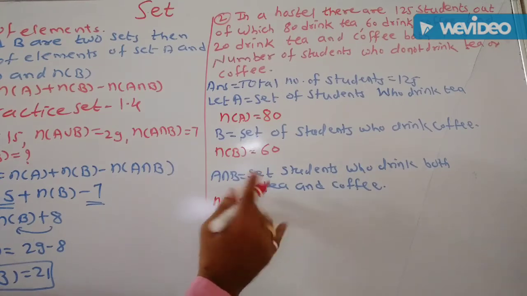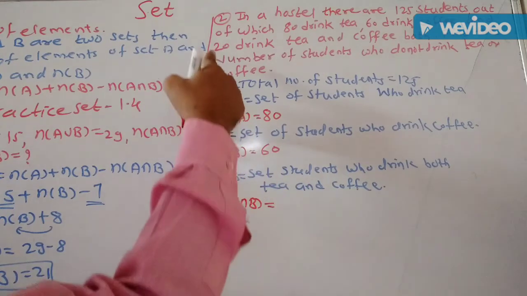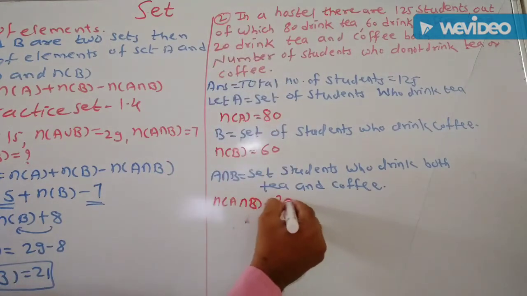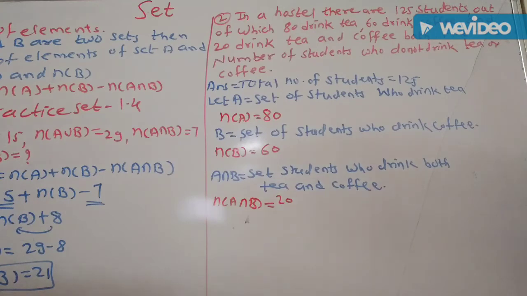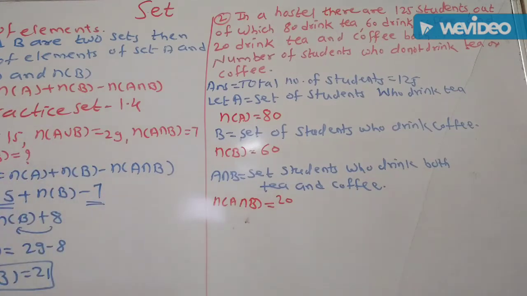Therefore number of A intersection B is given 20. To find the number of students who do not drink tea or coffee, we use the relation between all these sets: number of A, number of B, number of A intersection B, and then we find the value of that.